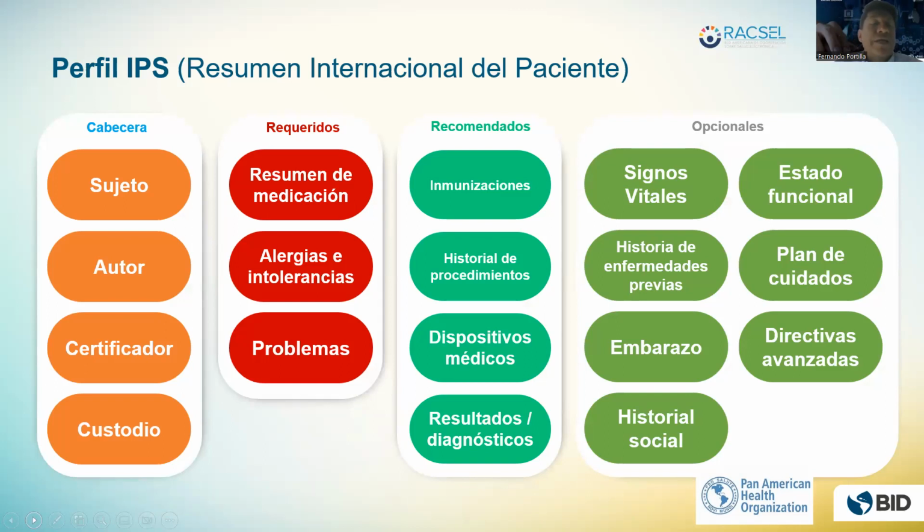And with the LACPASS project, how can we create a next connectathon? So safety and security-related topics, for example, are one of the things that we need to look into, and that is not covered by IPS. IPS is only the minimum data set.